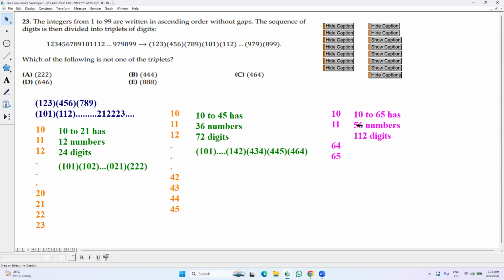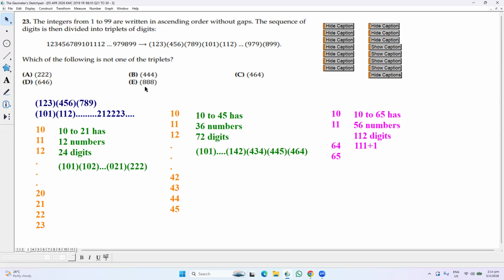Plus 1, so 56 numbers, 112 digits, not divisible by 3. It's like 1 extra. So the last digit 5 cannot be in. Because 112. So the last number of 646, 5 will go to the next bracket. So 646 is inside the triplet, one of the triplet.